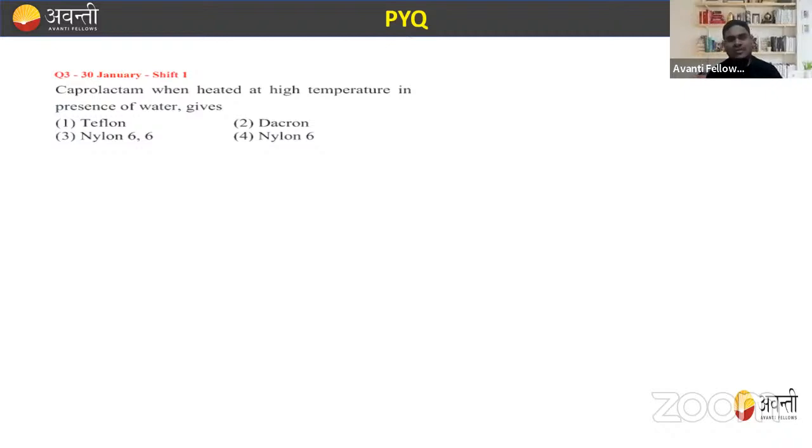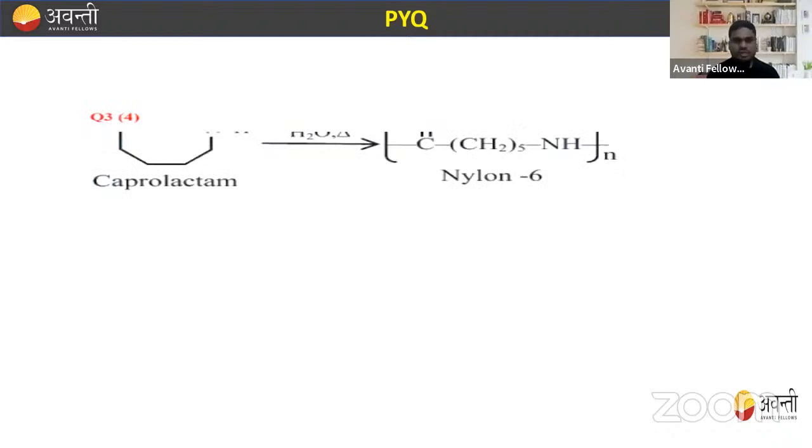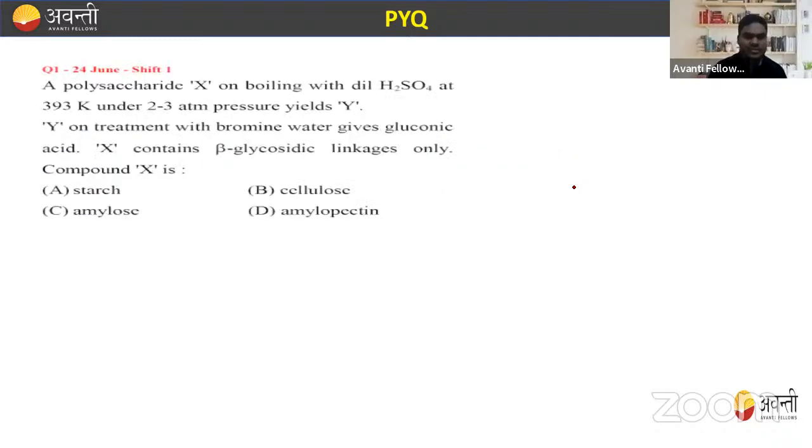So this question can also be asked as what is the monomer used in nylon 6? So caprolactam, right? So caprolactam, this word you must remember. Caprolactam is used in the manufacturing of nylon 6. So this is the structure of caprolactam, and when you heat caprolactam at high temperature, then the formation of nylon 6 takes place, right? So this is the correct answer for this question.